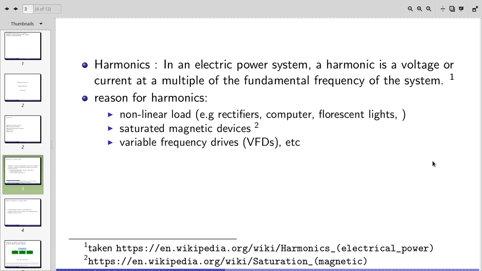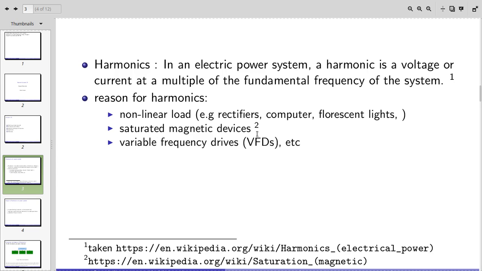What are the nonlinear loads? Computers, rectifiers, fluorescent lights, these are. Then another major contribution comes from saturated magnetic devices. For example, when a motor is running, we know that the machine is designed to operate almost at the magnetic saturation zone.